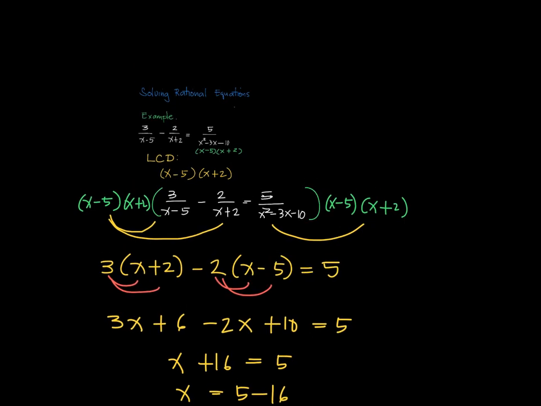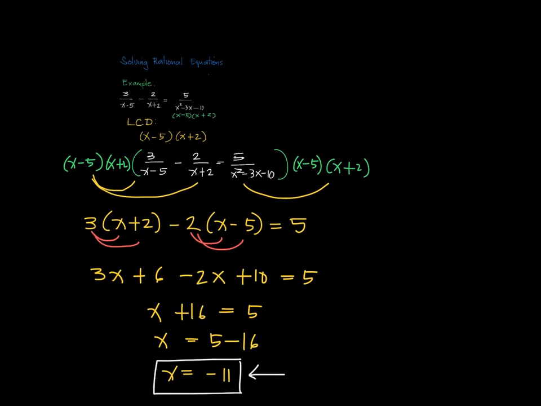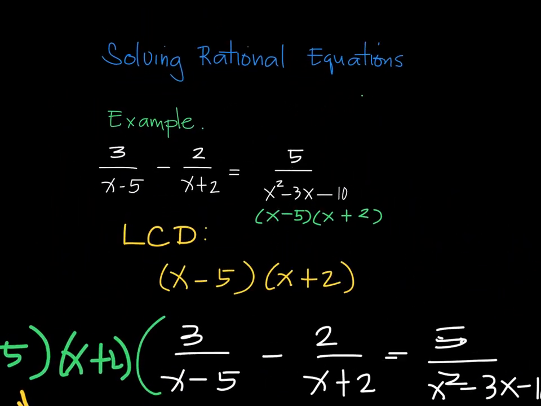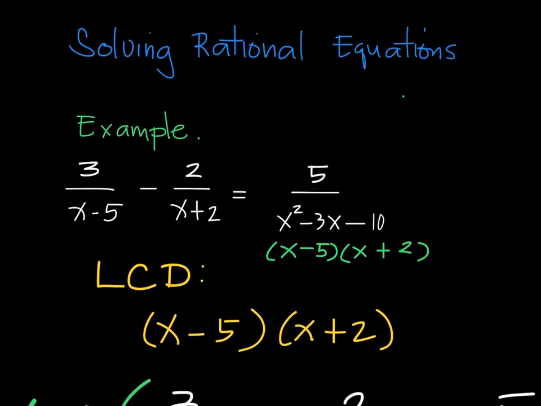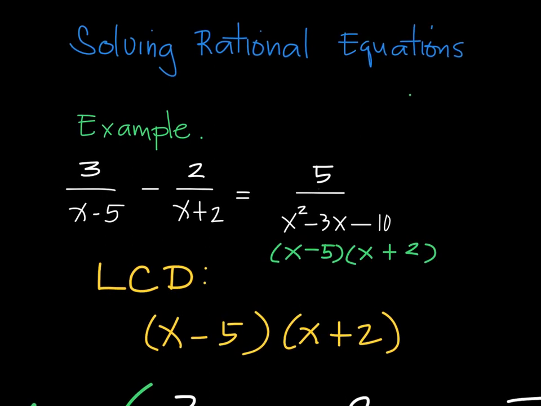Now, some final notes. You can also check, this is an optional step, whether your answer is correct. Sometimes it will take you some time to do that. But one way to be confident with your answer is to place that number, in this case negative 11, in every x.